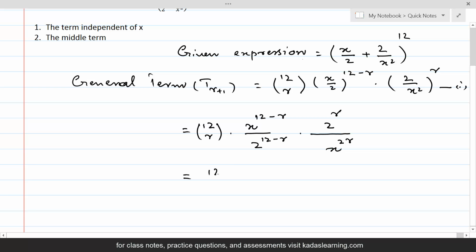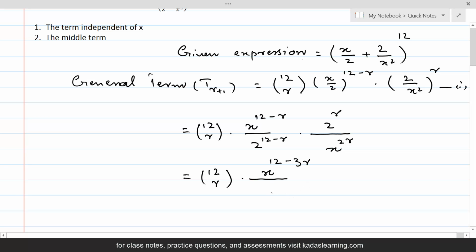So this is 12Cr times x^(12−3r), because the x^(2r) in the denominator, when it moves to the numerator, has its power added to 12 minus r.